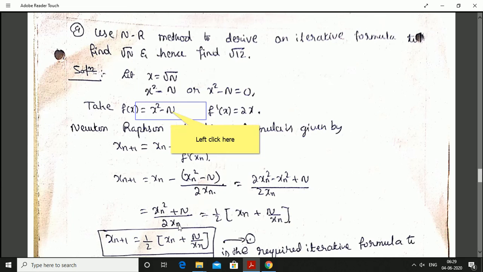Here we need to derive an iterative formula to find the square root of n and after that we need to find the square root of 12.